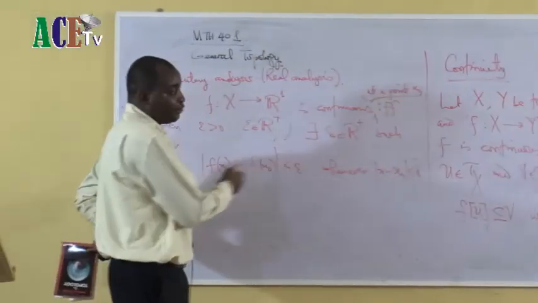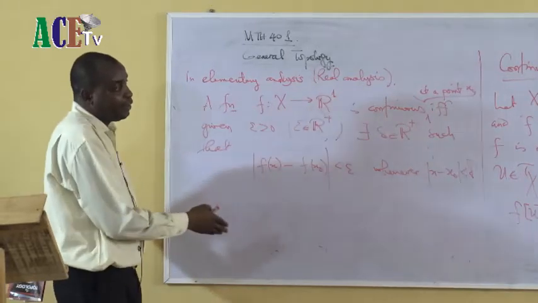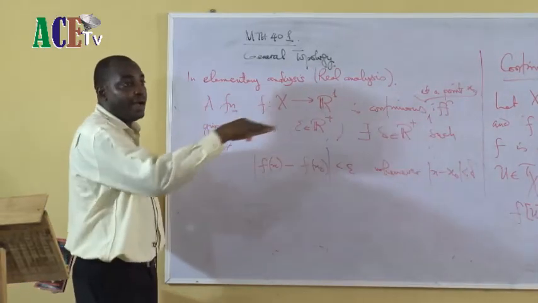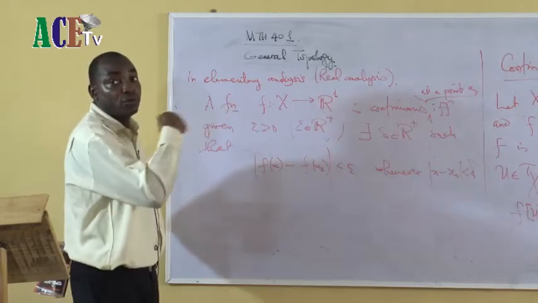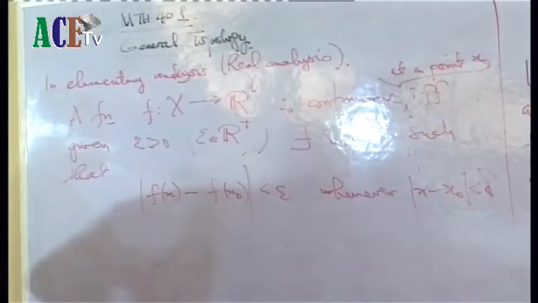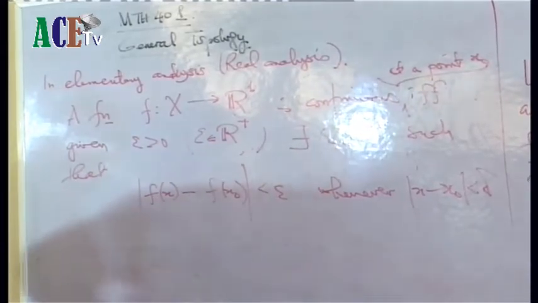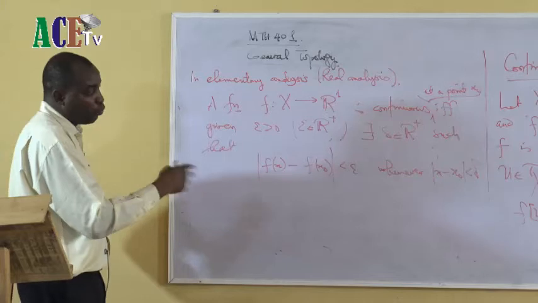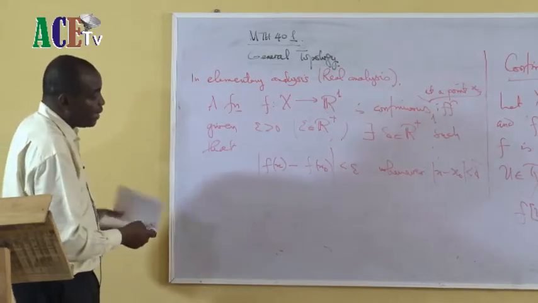So that is the difference between them. And this kind of continuity is on what we call the Euclidean topological space of the real line. I will teach you that in the next class.